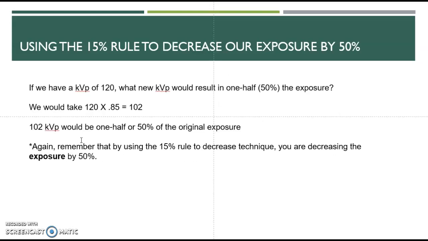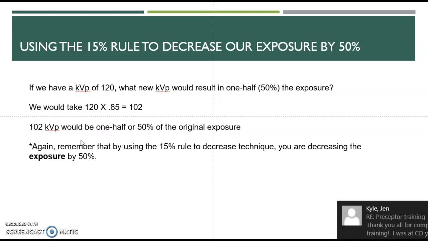So this is where it got confusing, and I'm apologizing for that. So on our worksheet, we did have, using the 15% rule, adjust the exposure by decreasing 50%. What we need to understand is that when we're decreasing our exposure using the 15% rule, we are decreasing our exposure by 50%.